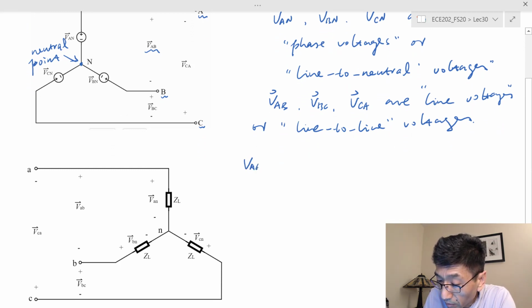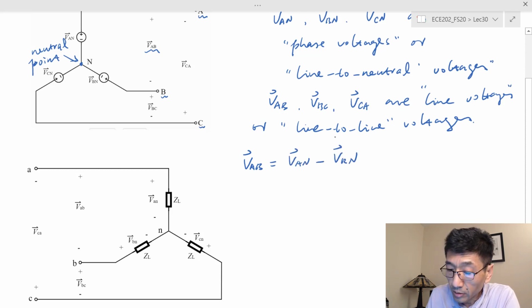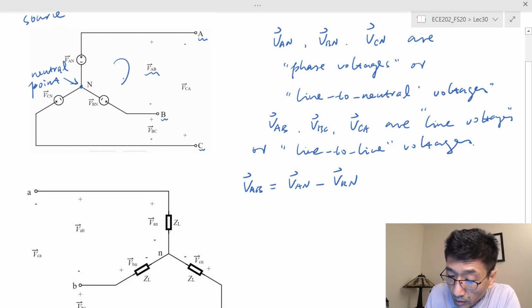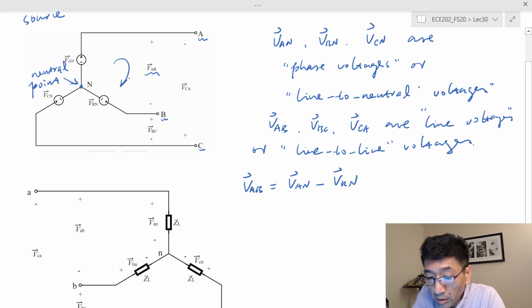Let's see, VAB is going to be equal to VAN minus VBN. Right, so you can do the KVL. Remember, you can write the voltage drops equal to voltage rises. So here VAB, VBN, and VCN form a mesh or loop, and the VAB follows this direction.